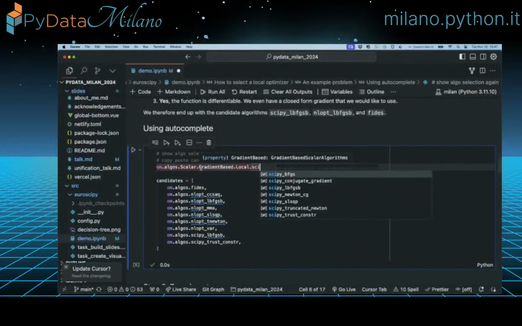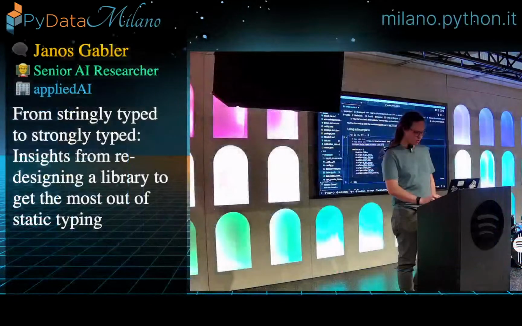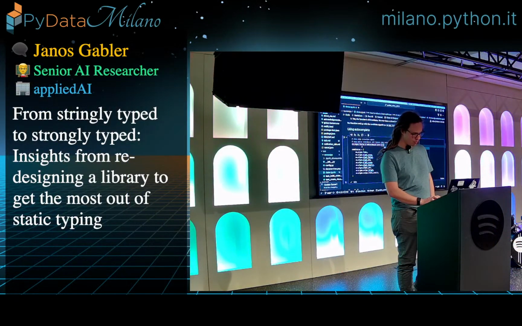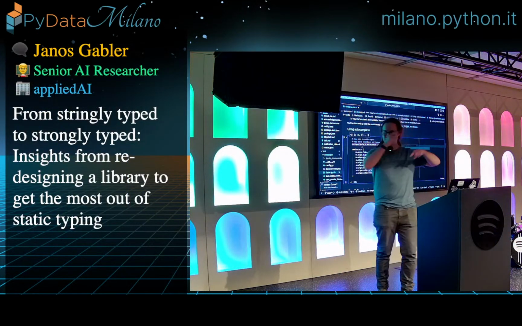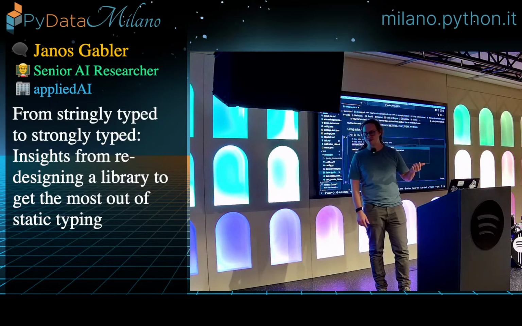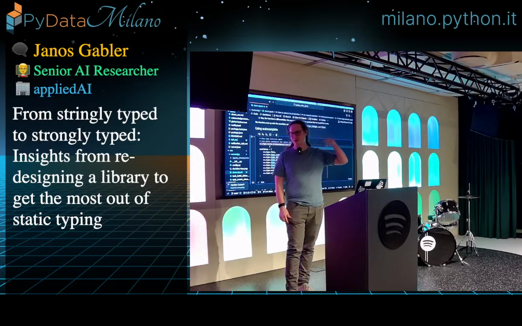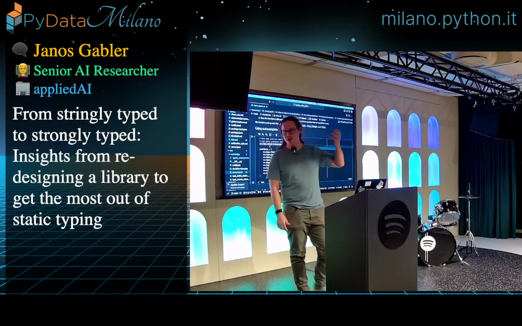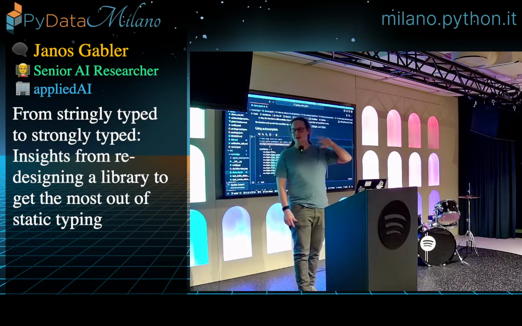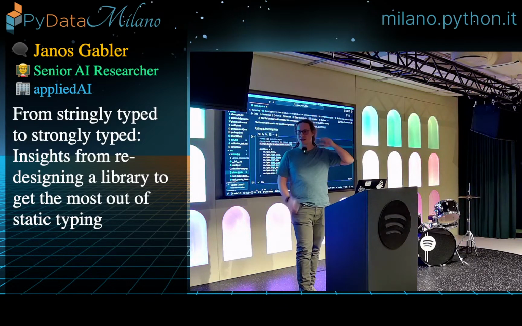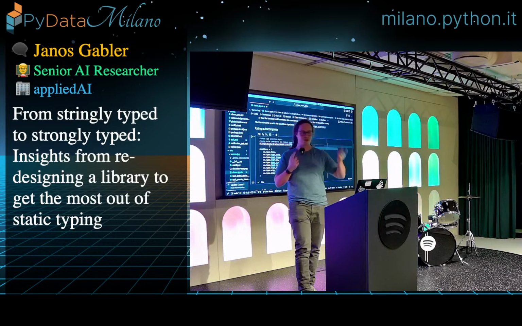Okay. And you probably suspect that this would be a nightmare to maintain. Yeah, we auto-generate this. So we have a pre-commit hook that uses importlib to discover all the algorithms, and all the algorithms are decorated, so they have some metadata that helps us to classify whether it is gradient based or not.